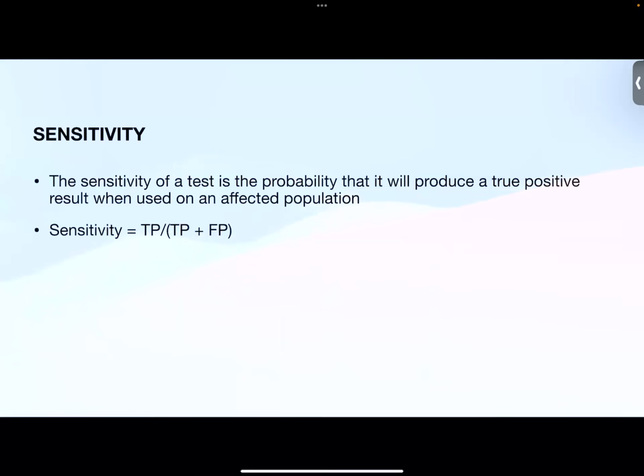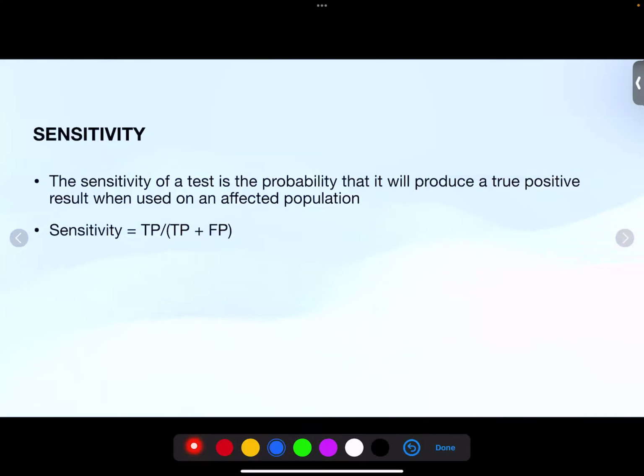Okay, so first thing is sensitivity. So what is actually the sensitivity? Sensitivity is the probability that it will produce a true positive result when used on an affected population. So sensitivity means that you truly detect the disease.